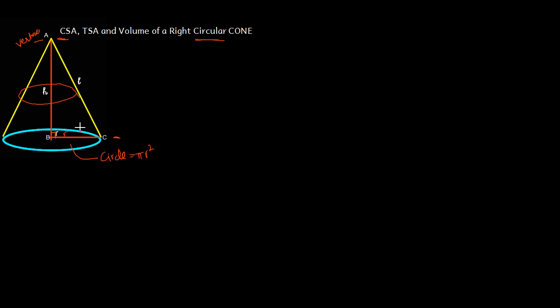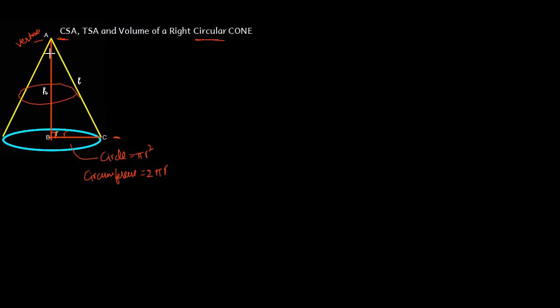Let's take this cone. So I have this cone with radius r. So what will be the bottom portion? Bottom portion is a circle. Area of this and circumference will be 2 pi r, because for the bottom one radius is r. H is the height and L is my slant height.